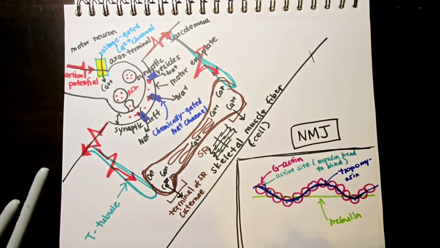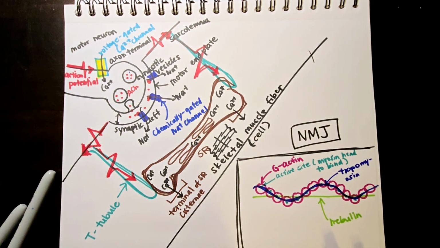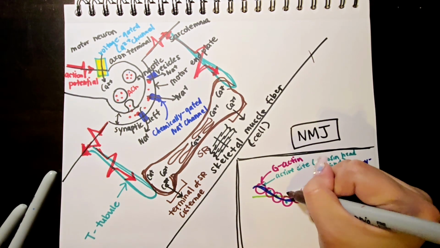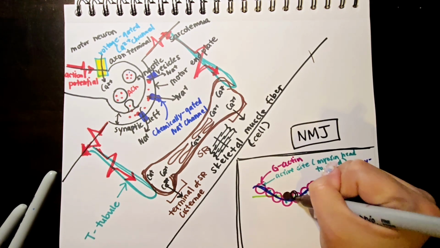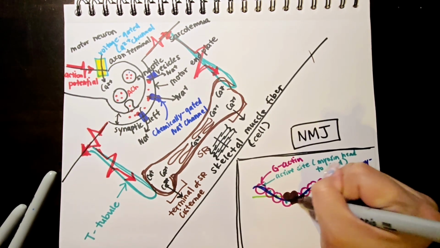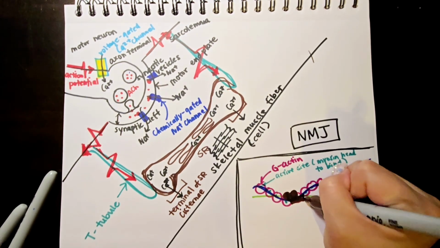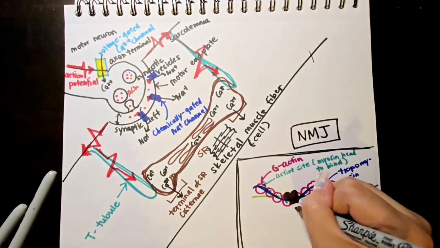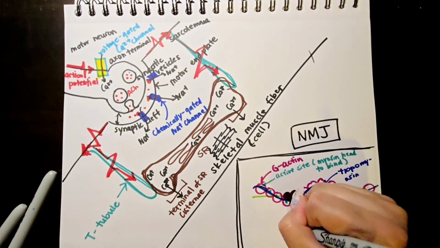Okay, tropomyosin. And then tropomyosin can be controlled by another protein called troponin. I'm just going to draw that on the surface like this. It's like a little clip that has 3 subunits. So this guy right here is troponin.